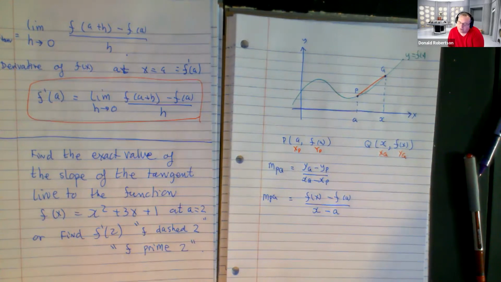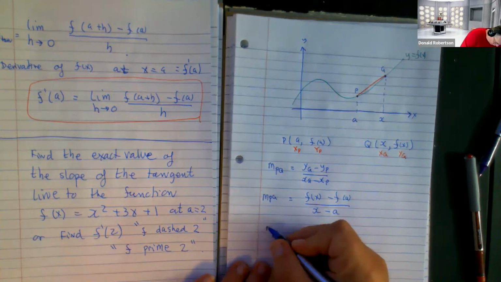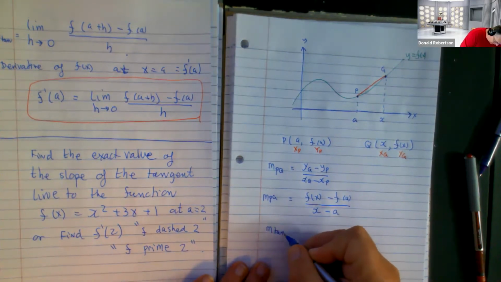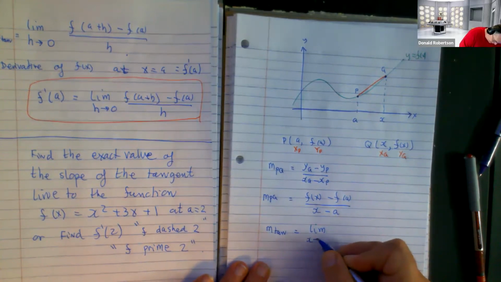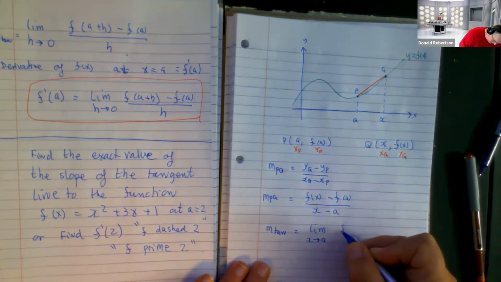You see the formula looks a little bit different now, doesn't it? It doesn't have A plus H's in it, and H's. It has X's, X minus A's in it. And so won't the slope of the tangent line be the limit as X tends to A of this fella?